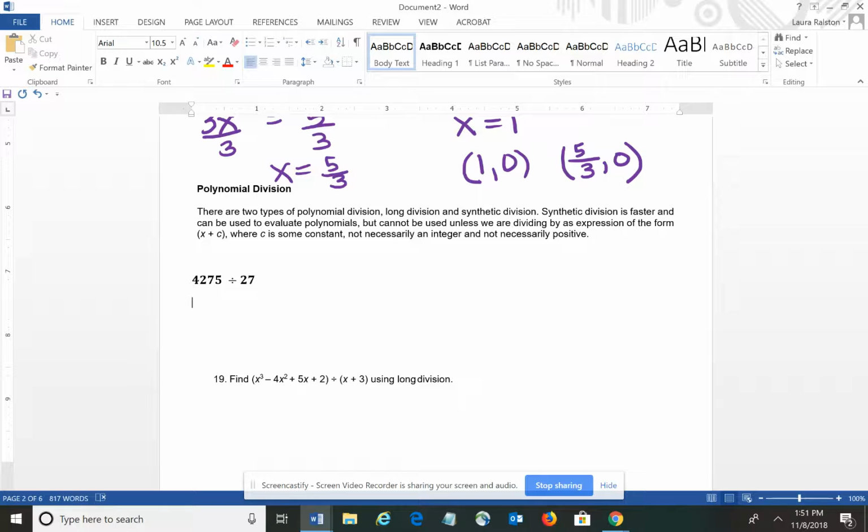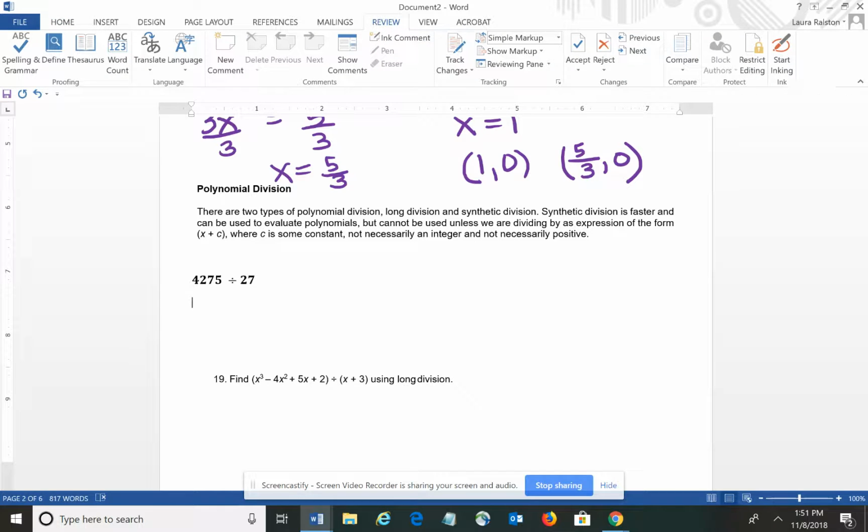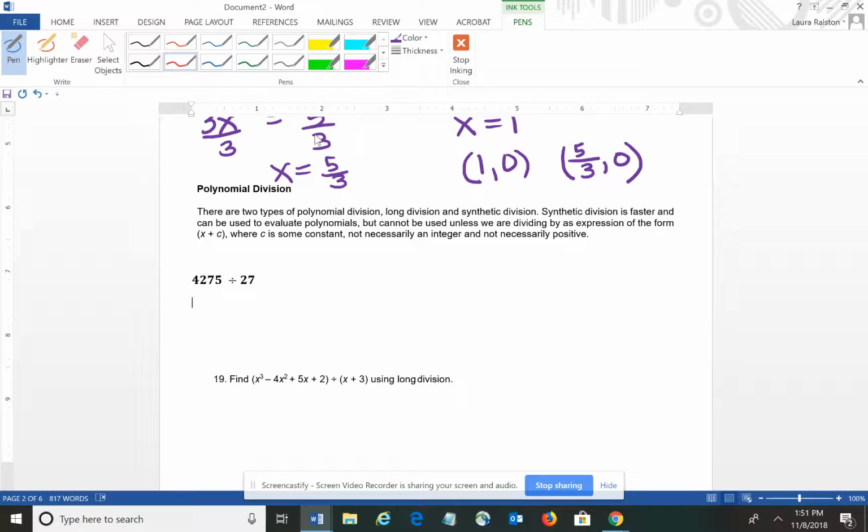Before we begin, though, I want to review the process of good old everyday long division that you learned in probably 4th or 5th grade. So if you have the question 4,275 divided by 27, a couple of things I want to make a note of.